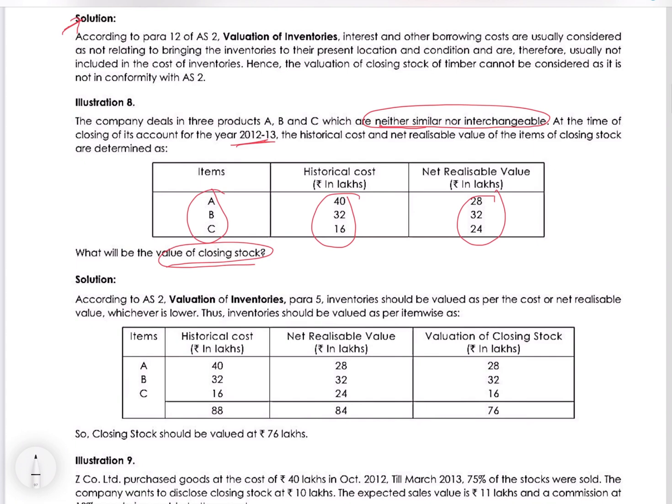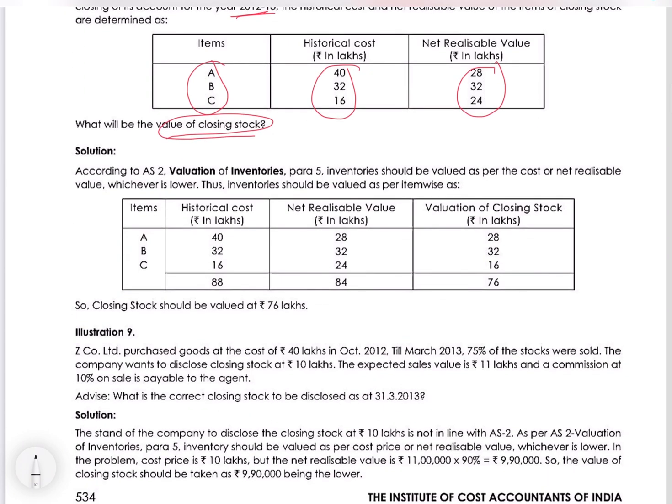So we will give the explanation in the solution clearly. Say first that inventory should be valued at cost or NRV whichever is lower, and as these items are not similar and not interchangeable, item-wise comparison and valuation should be done. Then draw the table as shown here: for each one, cost or NRV whichever is lower.